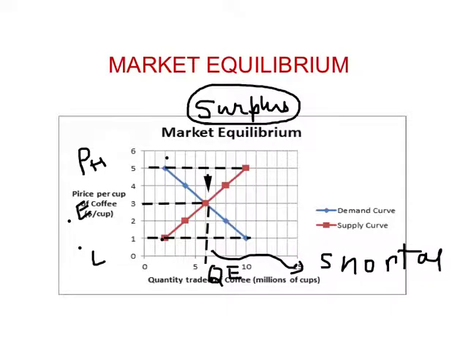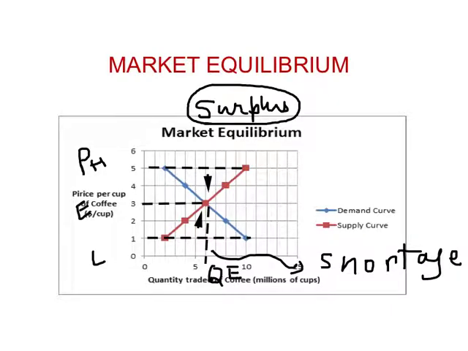Why shortage? Because demand is more than supply. Now in such a case, there will be a tendency for price to rise. Let me just change this. We have to show an increase in supply, so you can see this is the direction in which prices will change.